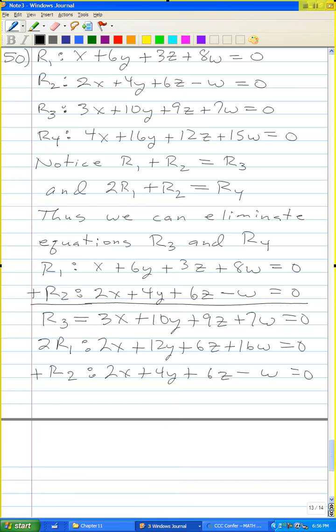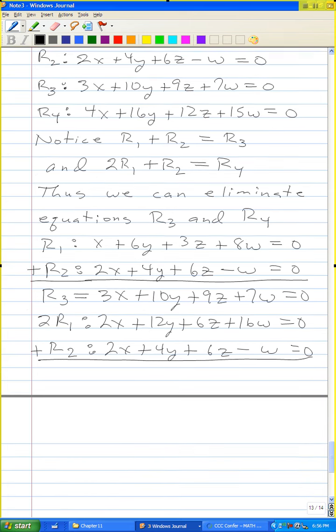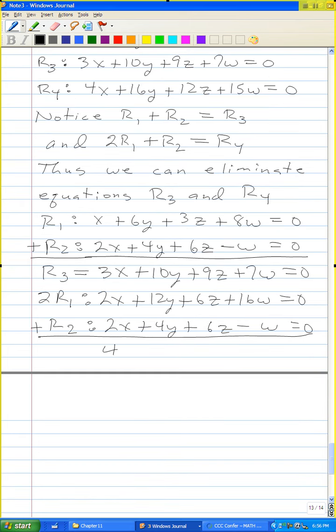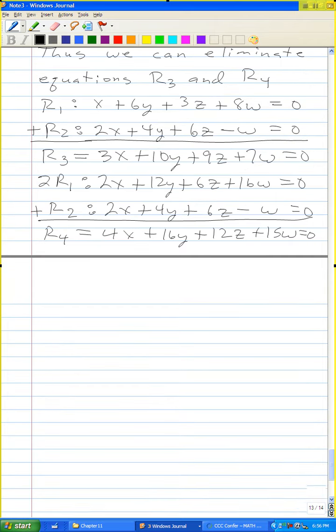So let's add these. I get 4x plus 16y plus 12z plus 15w is 0. That is just R4. So really, I only have R1 and R2.